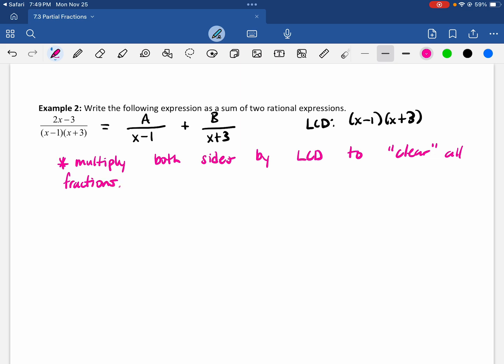All right, so if I do that LCD multiplied on this side, notice that that actually is going to cancel out both of them and just leave us with that numerator.